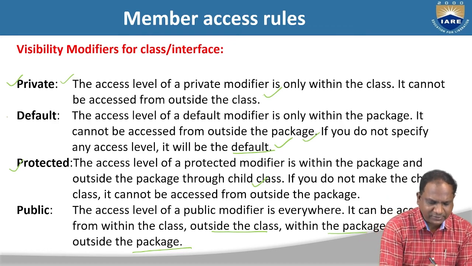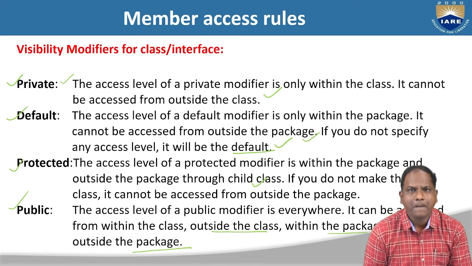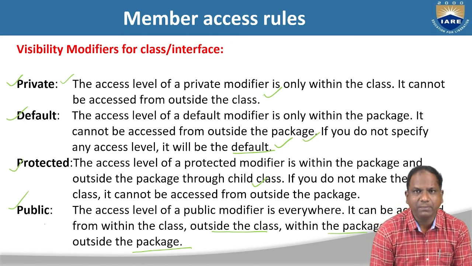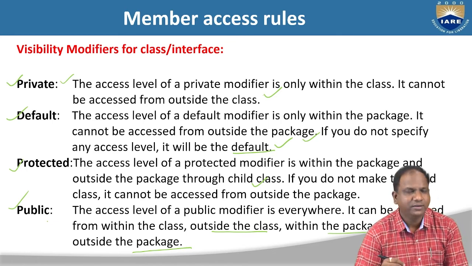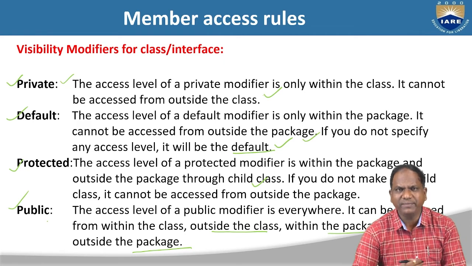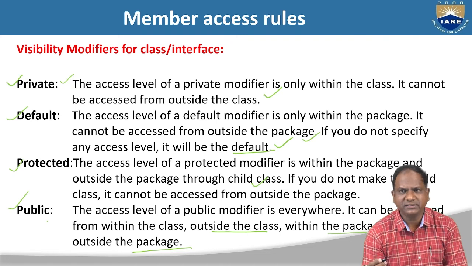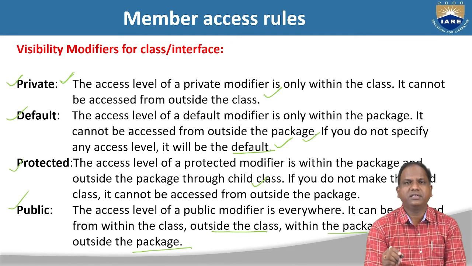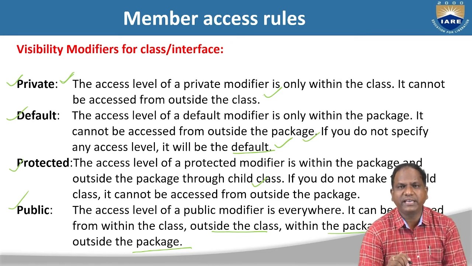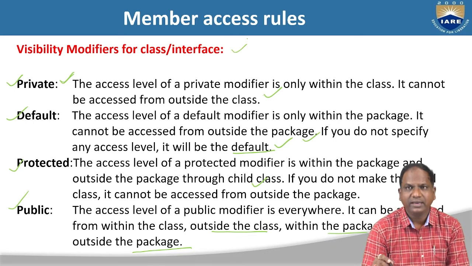So there are four access modifiers or specifiers: private, default, protected, and public. When you use the public modifier, you can use it anywhere. It can be accessed within a class, within a package, outside the package, outside the class. If you make your level private, it can be used only within a class. It cannot be accessed from outside of the class. So these are the visibility modifiers you can use for a class or an interface.